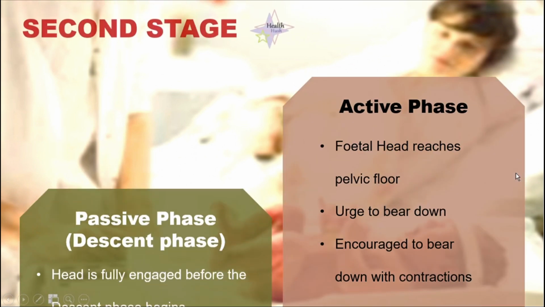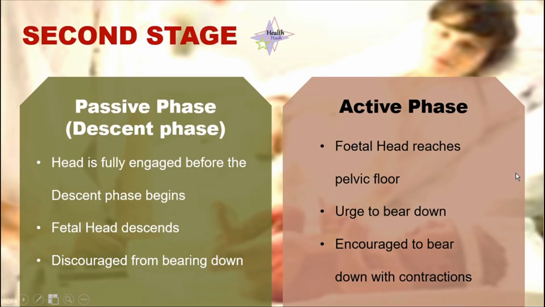So let's move on to our second stage. The second stage starts at the end of maximum dilation of the cervix until the baby is delivered. Let's see what our passive phase means, also known as the descent phase. Before the second stage starts, usually the head of the fetus is fully engaged.